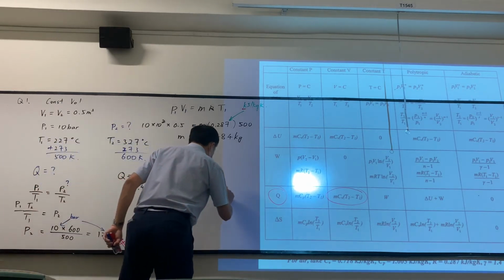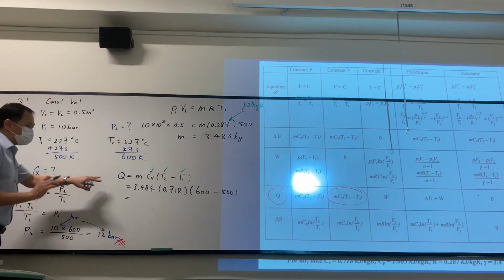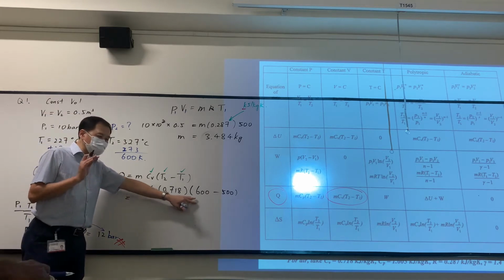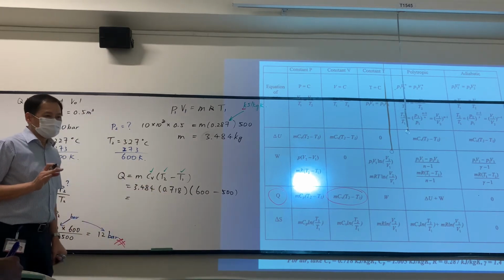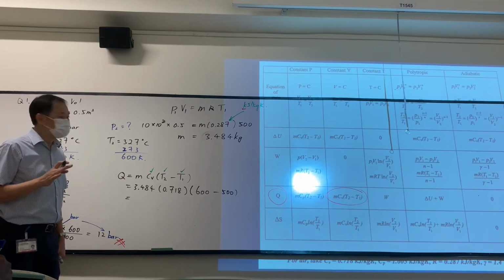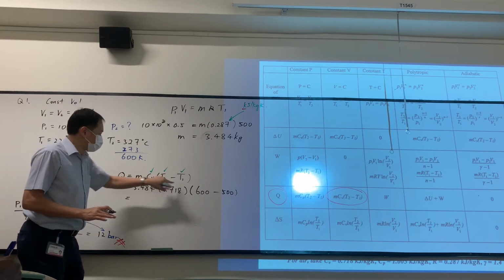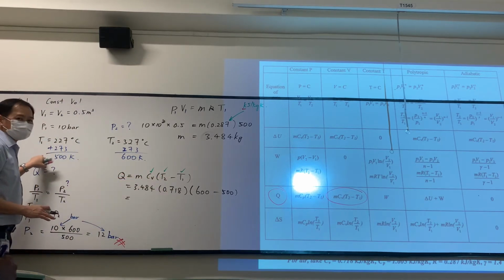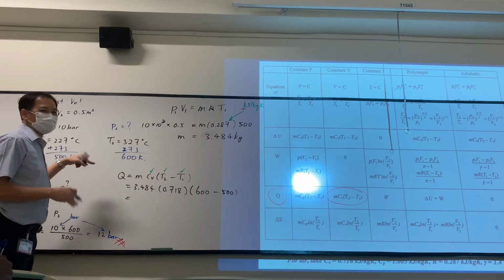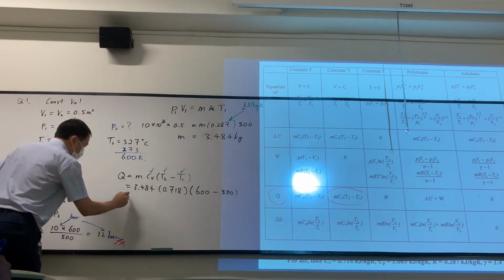So this one is 500 Kelvin, T1. I need to mention this because I do come across students, sometimes too rushed, who never check properly. One side he used Kelvin, the other side forgot to convert, he put degree C, then mistake again. So must pay attention.